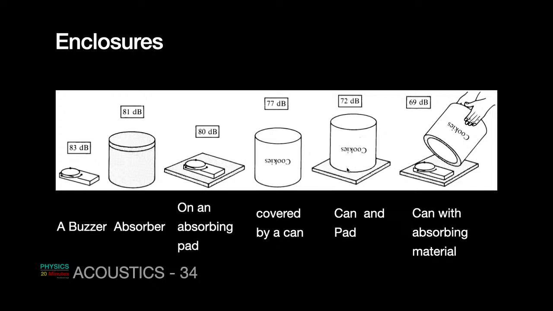So these enclosures are very important. For example, if you have a heavy machine operating somewhere, it can be put into an enclosure. In fact, an auditorium, a theater, is actually a noise producing machine. Imagine an auditorium with say 100 people sitting inside.